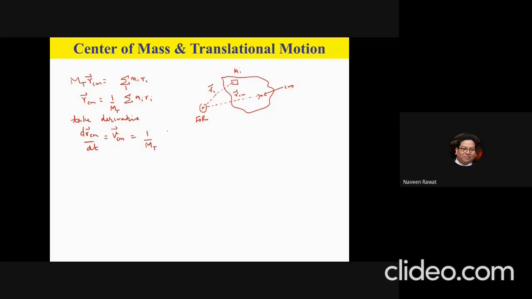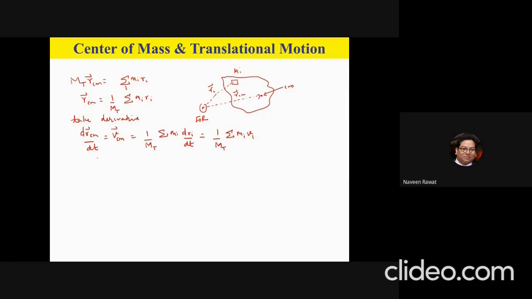On the right hand side, you will have m_i and d of r_i by dt, or you can write it in simplified form as the summation of m_i times v_i. Now remember, the summation of m_i v_i is just the total momentum of the system, right? You are just adding all the momentums.